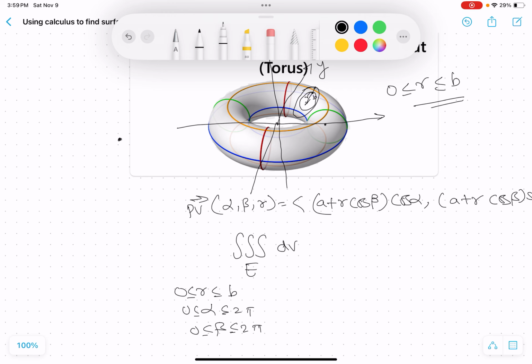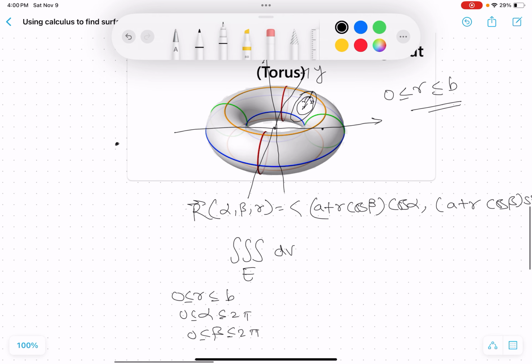Now it's difficult to write this function as position vector every time, so I will write it as, let's say, capital R. This is called radius because it is the position vector and that's the length from the center, right? So that's fine. Now let's say with respect to alpha, it changes in this manner.